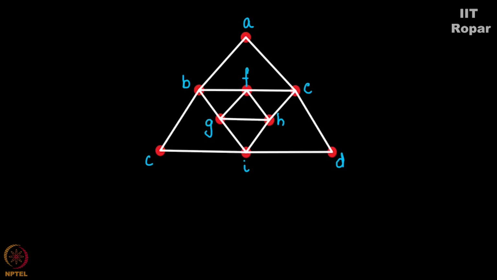Now, I'm going to start from, let's say for a change, vertex C. C to B, B to A to E, E to F, F to B, then to G, from G I'll go to H. Now H to I, and then to D, D to E, E to H. This is remaining, E to H, H to F, F to G. Now from G to I and I to C. So we have come back to C again and hence this is an Eulerian graph.